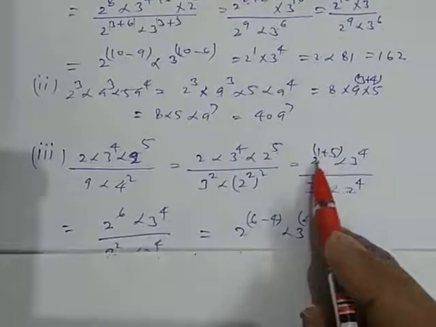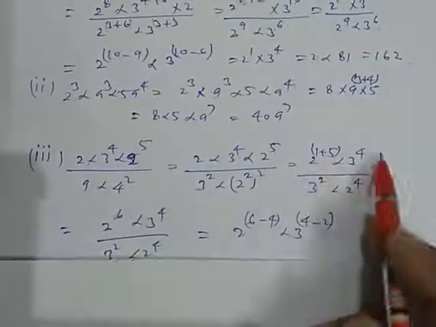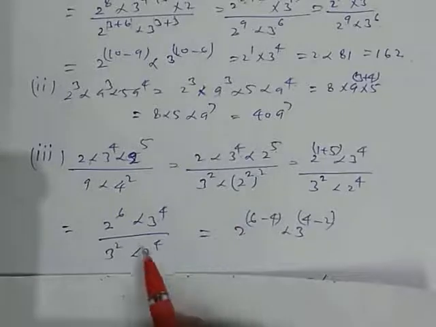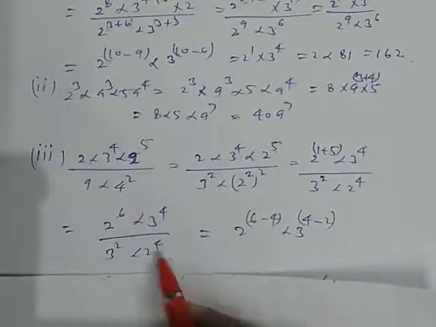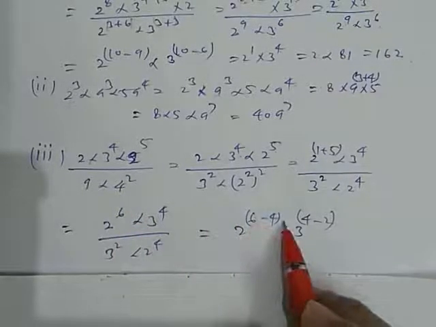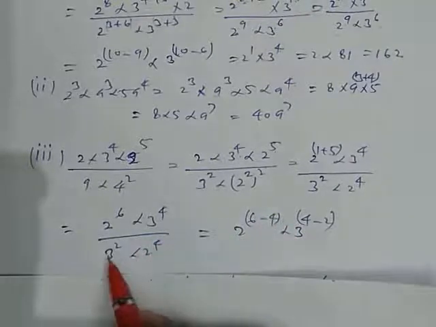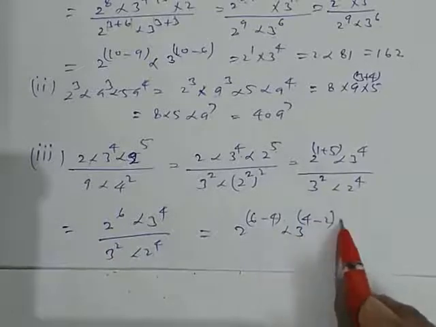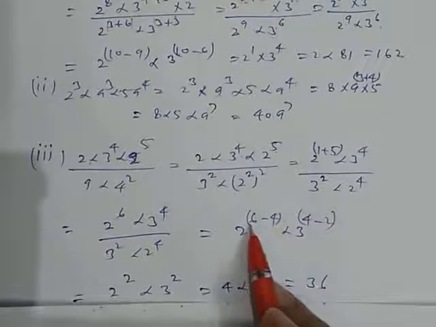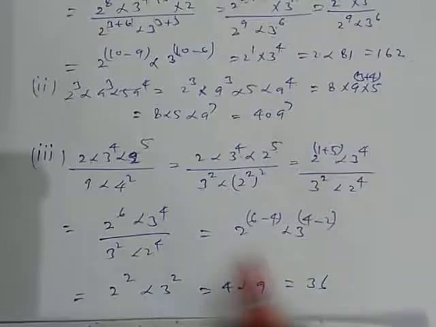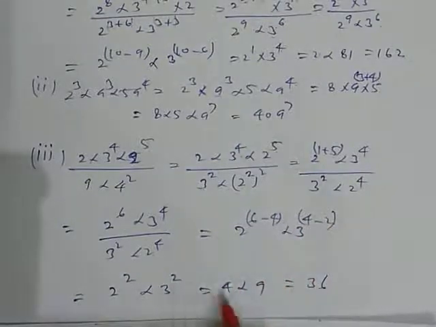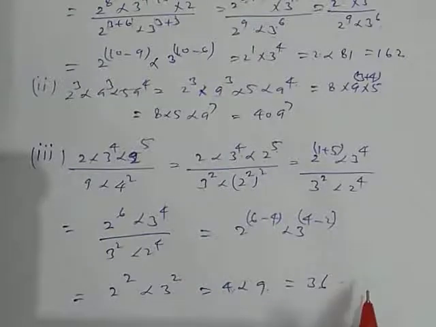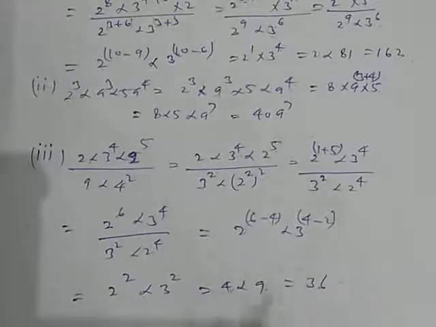Now this becomes 2 raised to the power 6, this becomes 3 square, 2 power 4. So 2 raised to the power 6 and 2 raised to the power 4. So this becomes 2 raised to the power 6 minus 4 by applying the law. And this 3 raised to the power 4 and this 3 raised to the power 2. So 3 raised to the power 4 minus 2. By subtracting, this becomes 2 square, this becomes 3 square. So 2 square is 4, 3 square is 9. 4 nines are 36. So this way we can solve our problems.